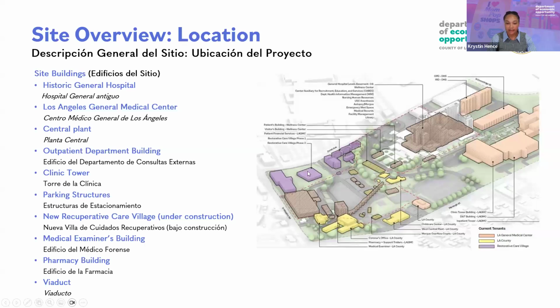And then in the purple, some of the restorative care village, residential supportive housing that is under construction today. Other buildings include things like parking structures, the central plant, which powers the campus, the viaduct building, the pharmacy building, the medical examiner's building.